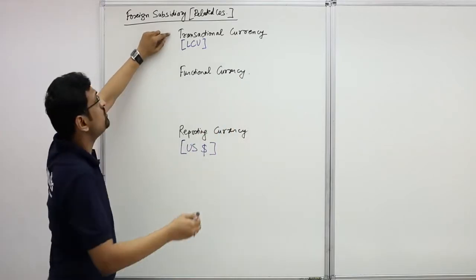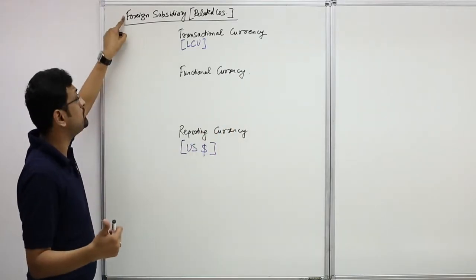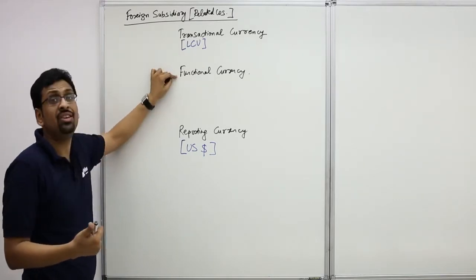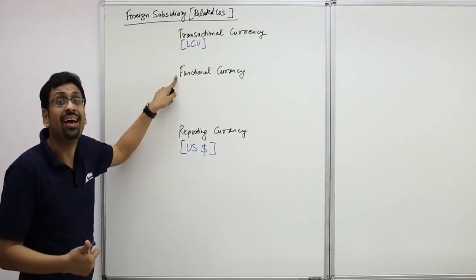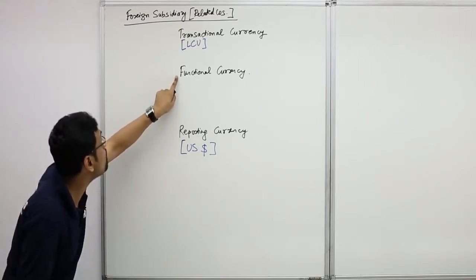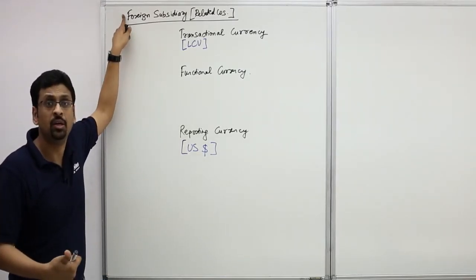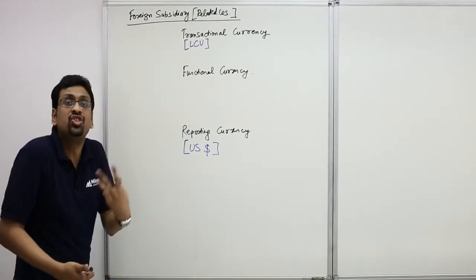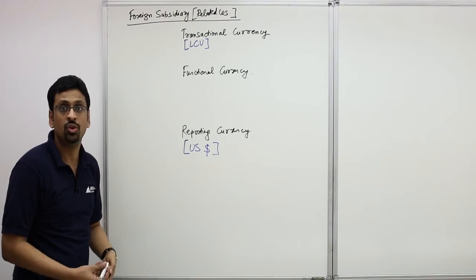So transactional currency is the currency in which the foreign subsidiary maintains its books of records. Functional currency is the currency that has the highest economic impact on the foreign subsidiary. Primarily, it's the currency in which the foreign subsidiary generates and receives cash.